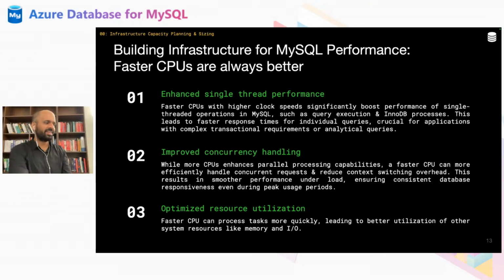Next slide. Okay, so when you get to infrastructure, this is something which I've spent many days on debates, right? Faster CPUs, several CPUs. It's a very interesting one. It depends, right? I'm not saying use faster CPUs for everything, or that several CPUs solve many problems.